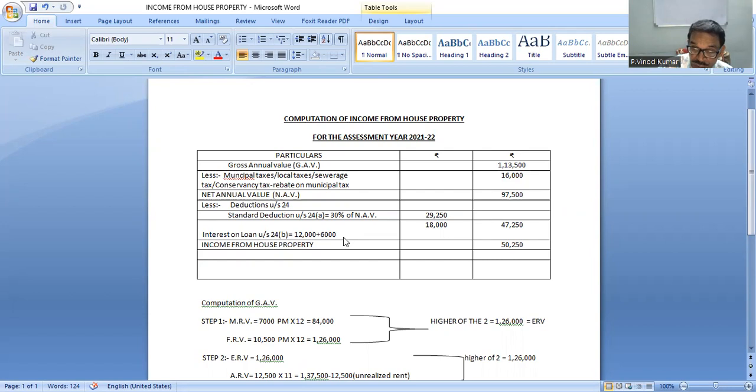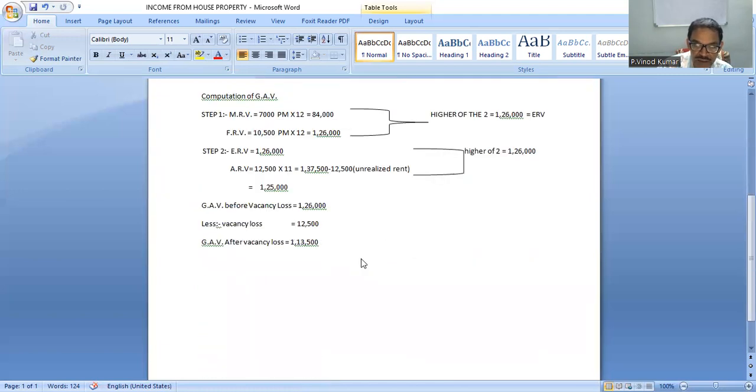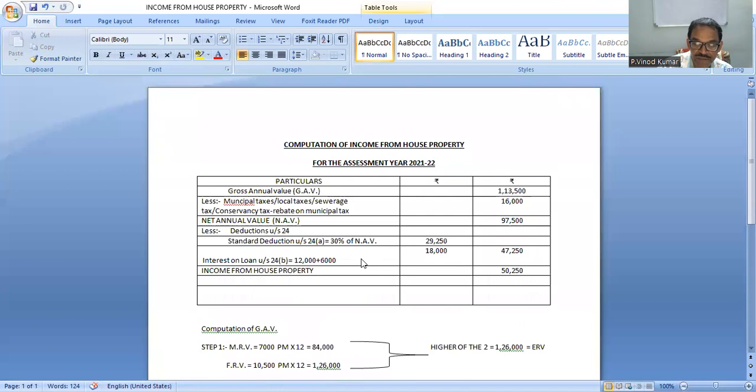Please don't ignore it. Interest on loan means housing loan. You're taking a housing loan, you're paying interest on that. If it is due also, we can allow deduction under section 24. Right? Got it? So this is how to compute income from house property.